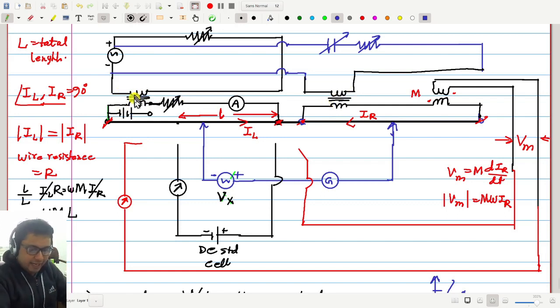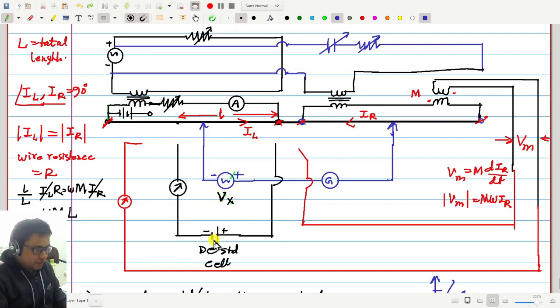Now during standardization, your purpose is to get a desired value of voltage here, and for that you just change the current. Whether it's getting saturated or not, no problem. If it is saturated it will waste power, but in any case you will change these resistances and thereby change this wire current until you get null with this DC cell.